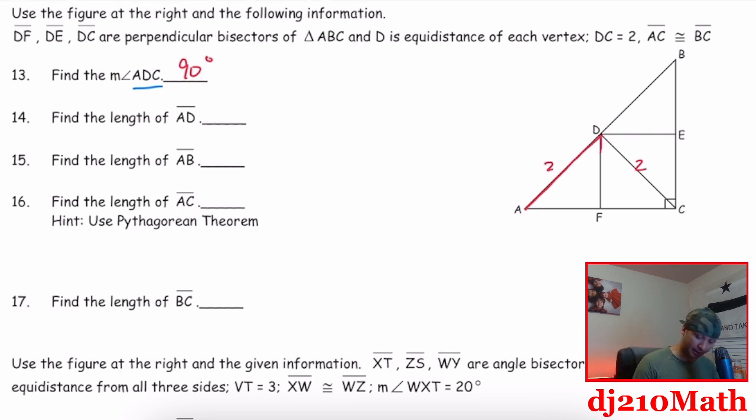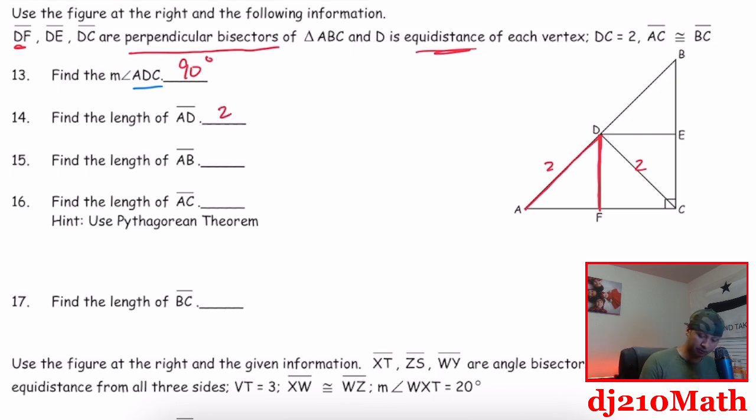That's because DF is a perpendicular bisector. So D is equidistant, D to C, D to A. They're the exact same distance because this is the perpendicular bisector. That's what they told us here. DF is a perpendicular bisector, so that means it's equidistant to each vertex. So AD is 2.